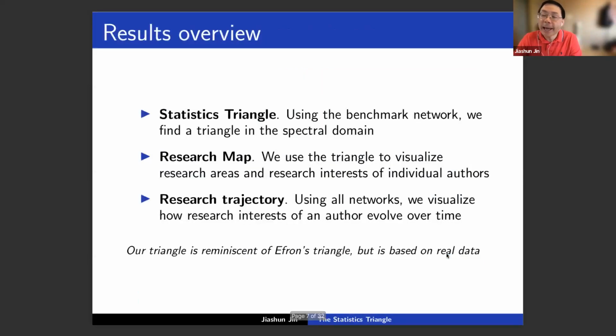Okay, as an overview of our result, we also discover a statistical triangle. Our triangle is reminiscent of Efron's triangle, but it's based on the data set we just mentioned. We are going to use this statistical triangle as a benchmark. Using the benchmark Sci-late work, we find the triangle.